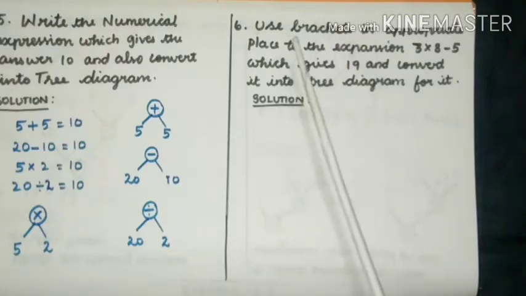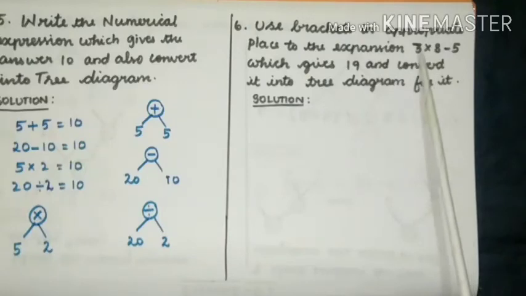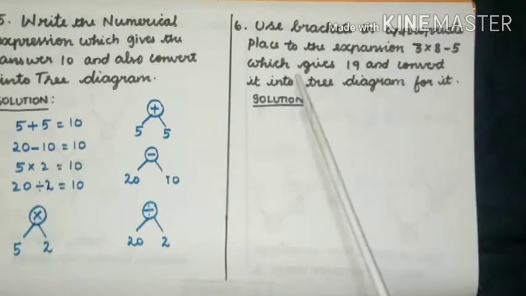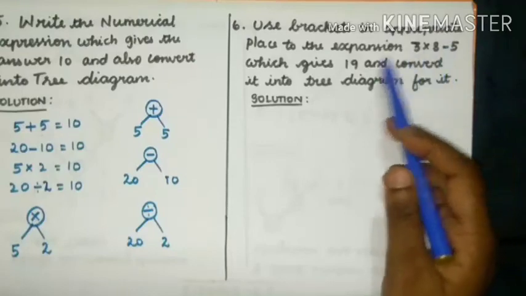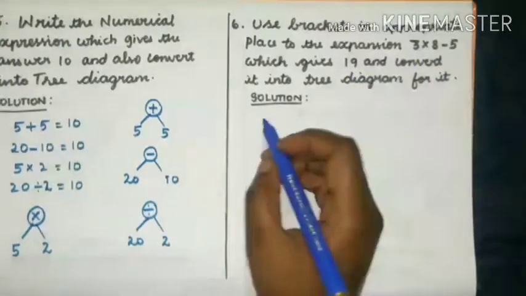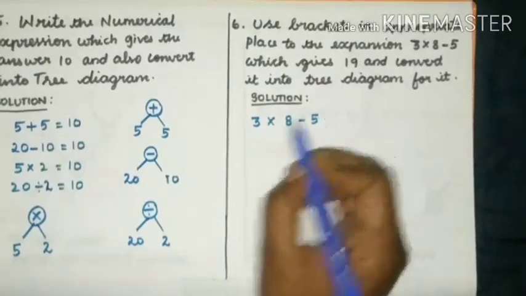Sixth sum. Use brackets in appropriate places in the expression 3 into 8 minus 5, which gives 19, and convert it into the tree diagram for it. See, you have to use any bracket here which gives the answer 19. First, let's see 3 into 8 minus 5.